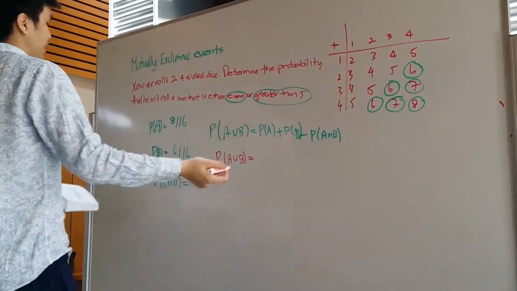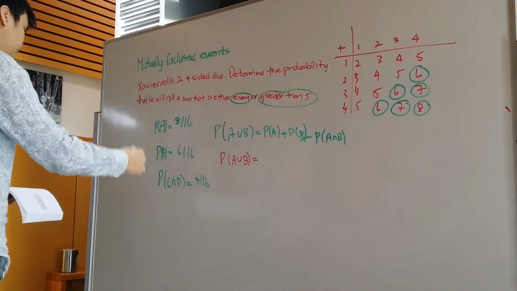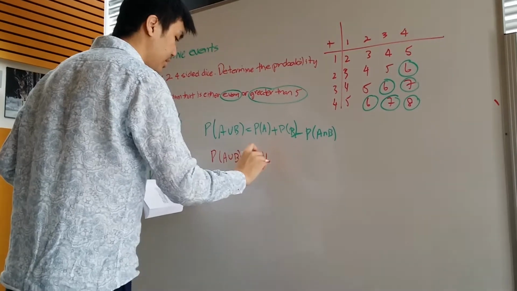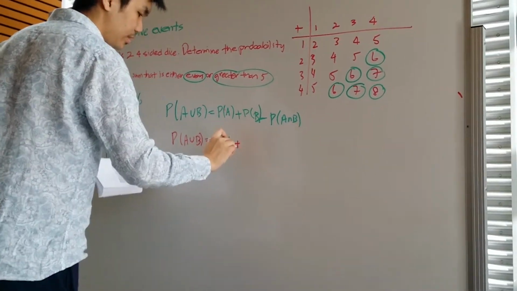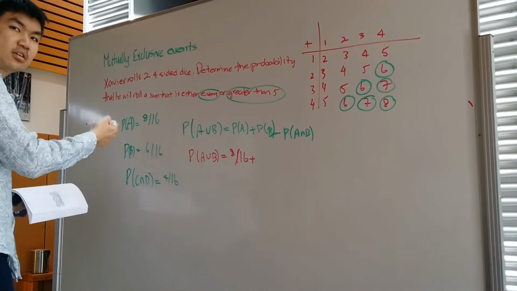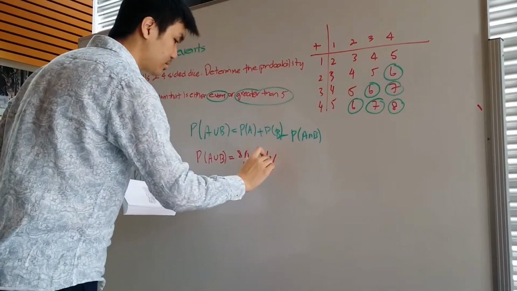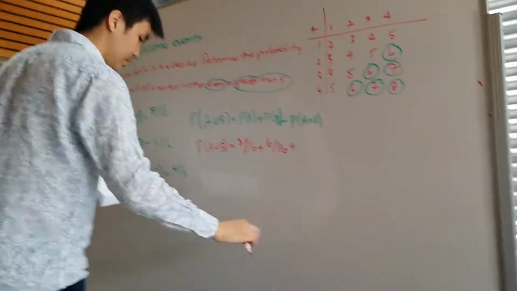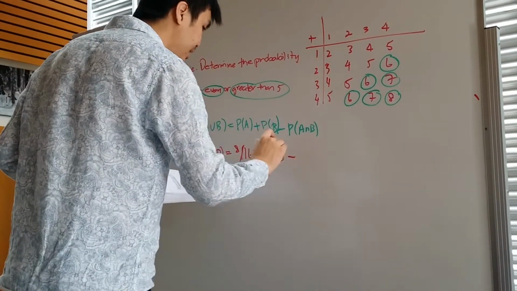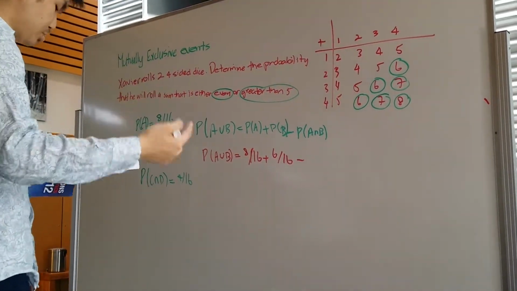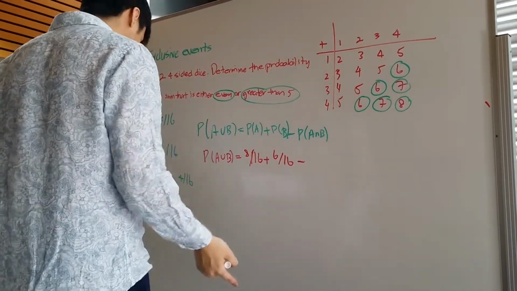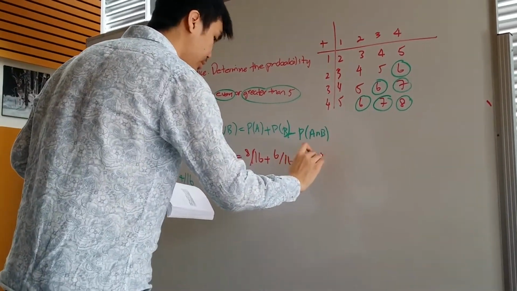So what's the probability of A? We know the probability of A is 8 over 16, so we substitute that in. Plus the probability of B, which we know is 6 over 16. And then minus the probability of A and B, which is 4 over 16.